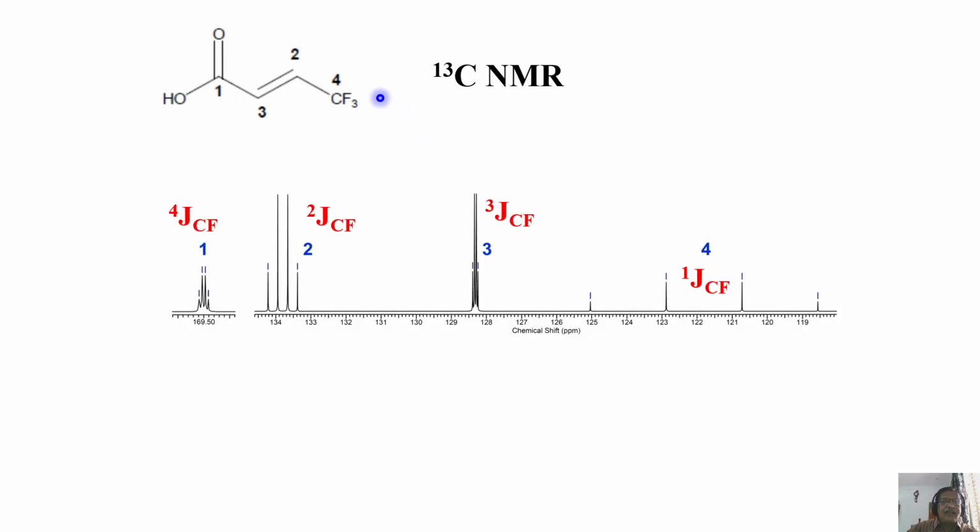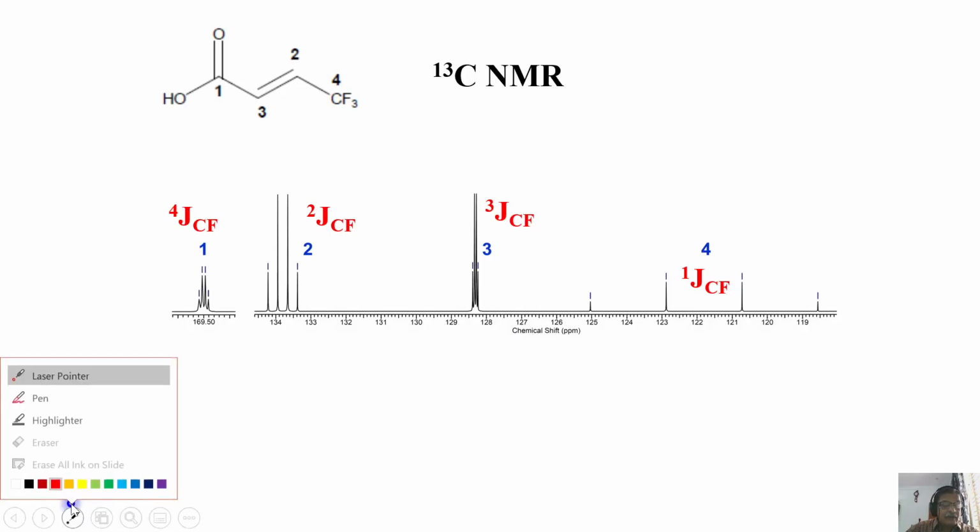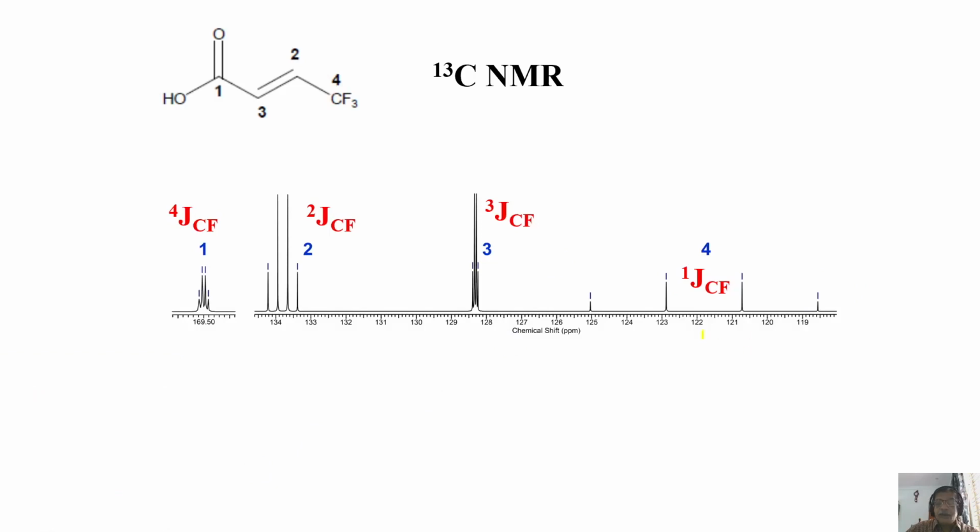As I said, one bond CF coupling is quite large. This carbon, what is the pattern you expect? It must be a quartet. A large quartet, you see a 1, 3, 3, 1 quartet. What is this one? This large quartet has to be this CF3.